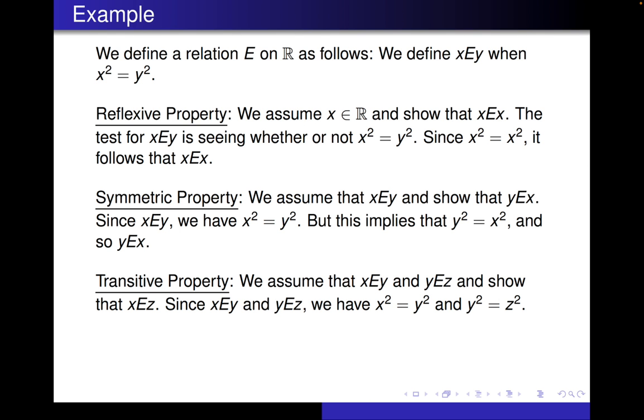Now x squared and z squared are both equal to that same y squared, which means they're equal to each other. So x squared is equal to z squared, but that is exactly what it means for x to be related to z, so it follows that x E z.